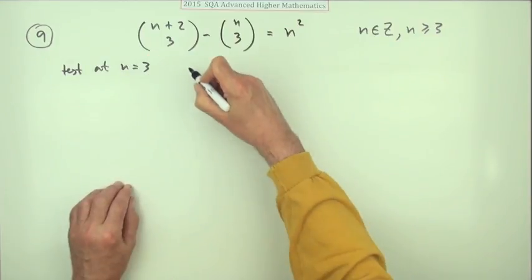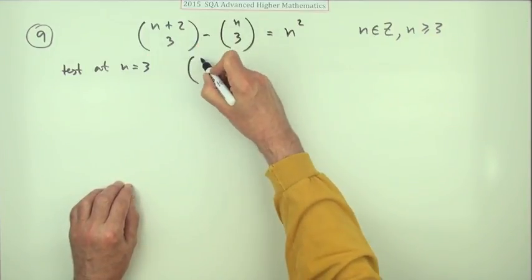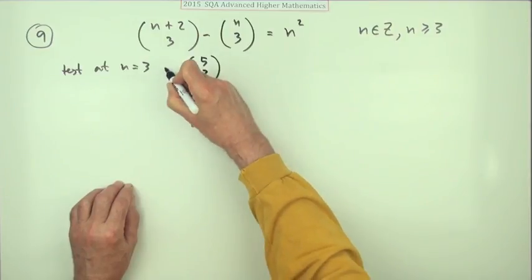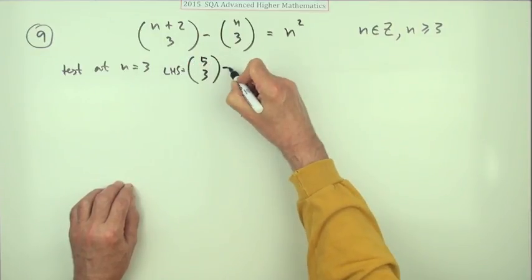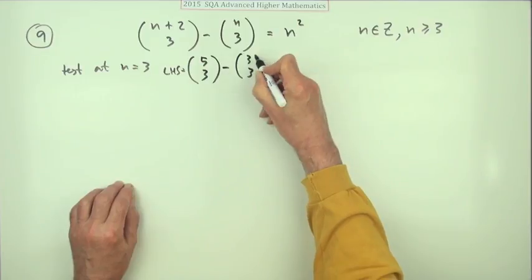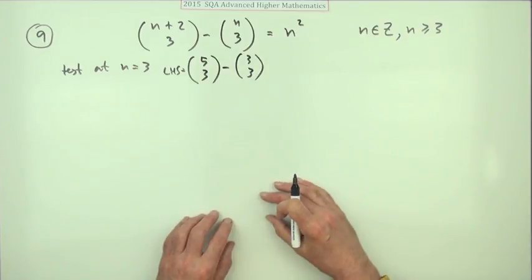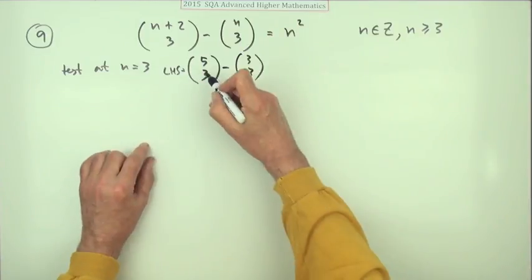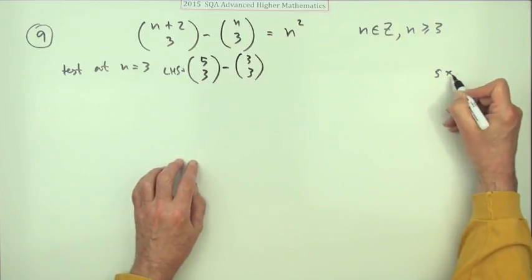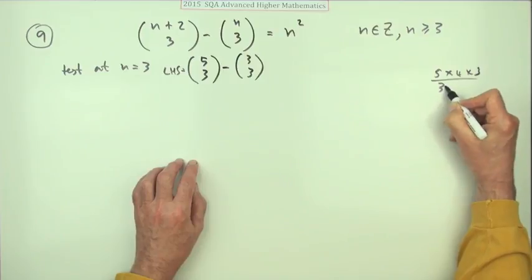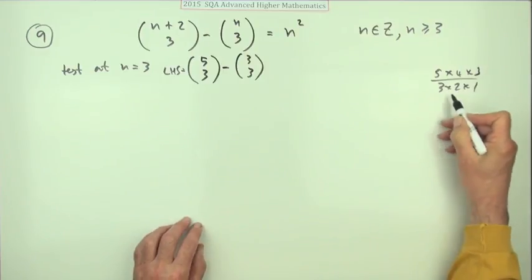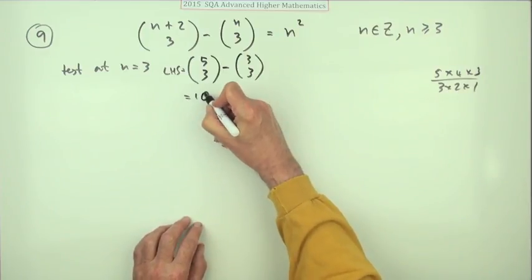Does it work? So that means you've got, I should have said left-hand side, 5C3 minus 3C3. And of course, straight away to evaluate that, I know you could press the buttons in your calculator, but that means, well, I'll put it, 5 times 4 times 3 over 3 times 2 times 1. They all cancel out to 10, so that's 10.